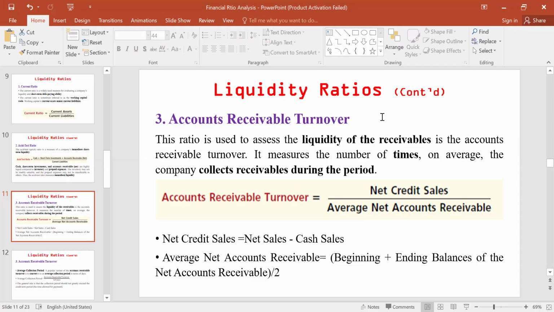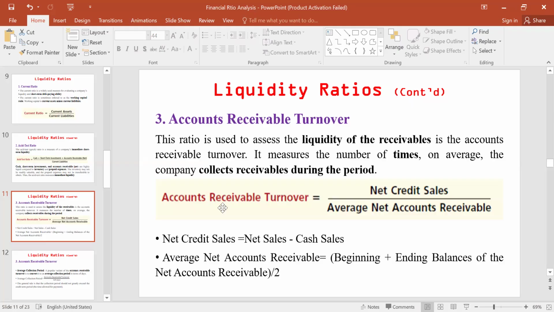When you make a credit sale, account receivable arises, and account receivable turnover is needed to calculate how quickly you will collect your money from your customer. That is indicated by this ratio.